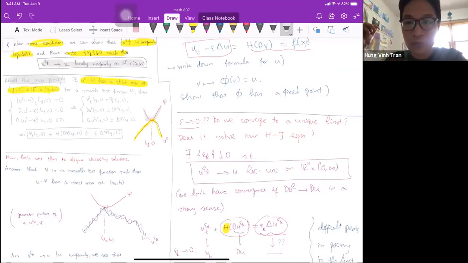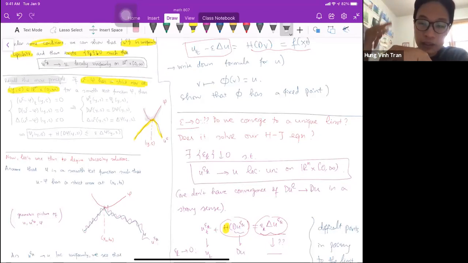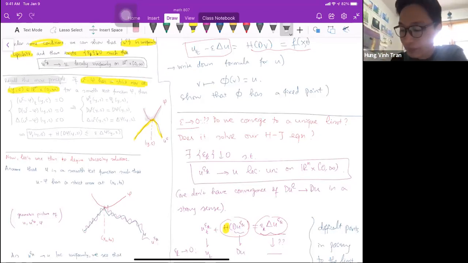From Caffarelli's school of thought, it's really important. So I'm having a smooth test function phi popping out from nowhere. I'm touching the function from above or below at certain points of testing, and assuming that y_s is a maximum point, right?